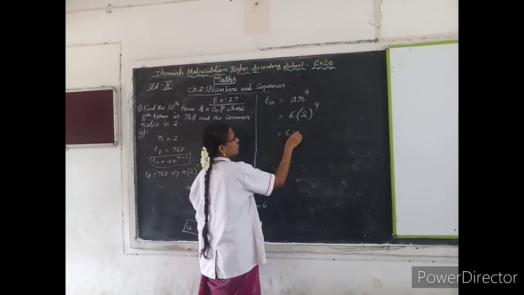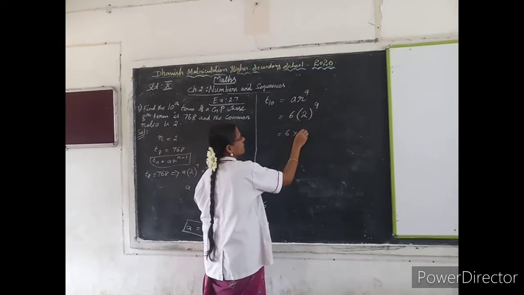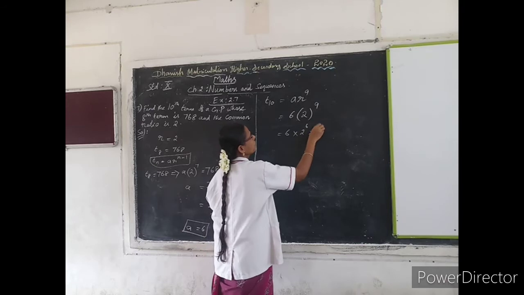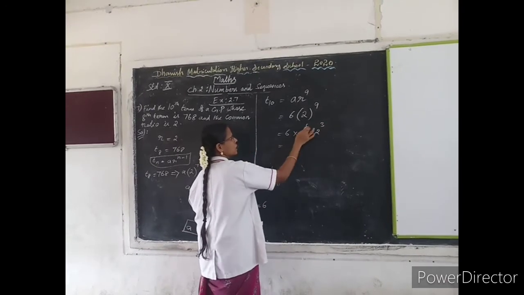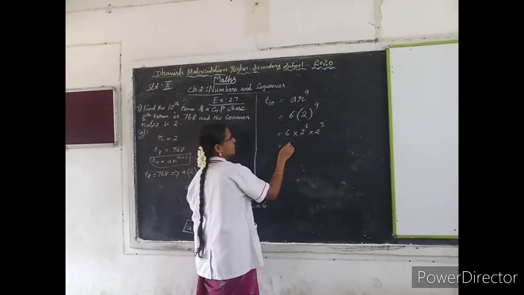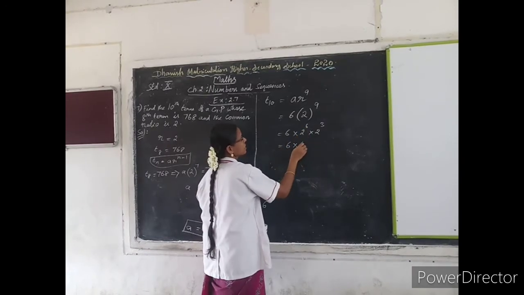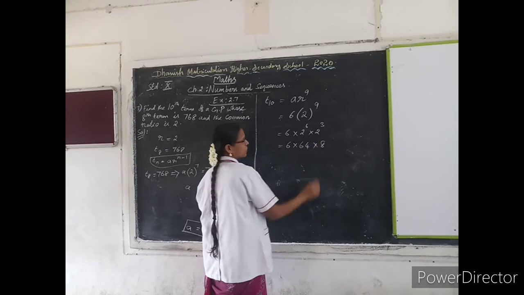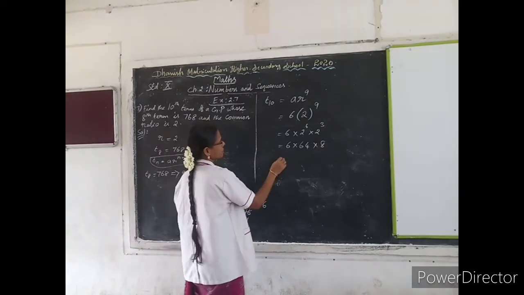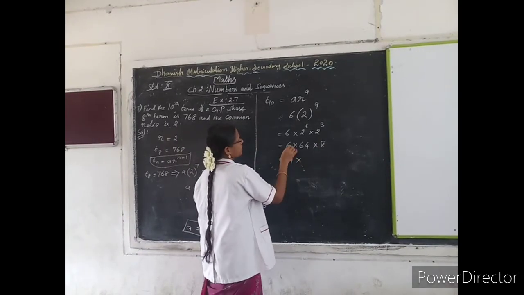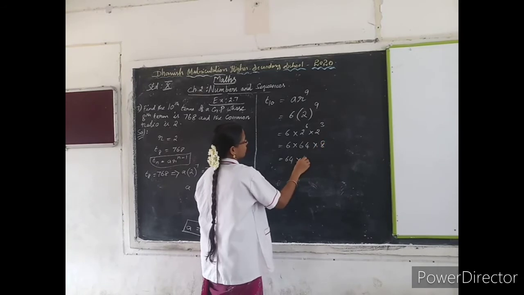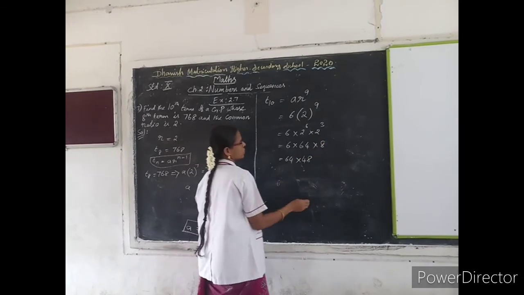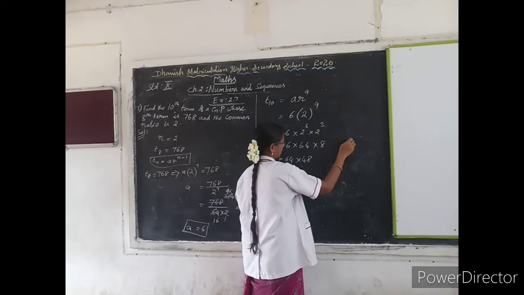So 6 into this 2 power 9, which can be written as 2 power 6 into 2 power 3. 6 plus 3 is 9. 2 power 6 is 64, and 2 power 3 is 8, 2 into 2 into 2 is 8. So 64 into 6 8s are 48. Now multiply these two numbers, you will get the answer.